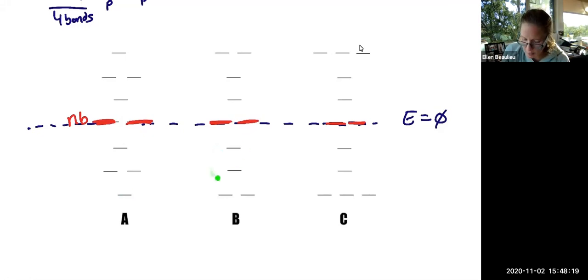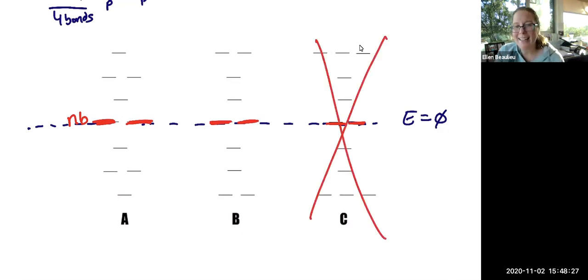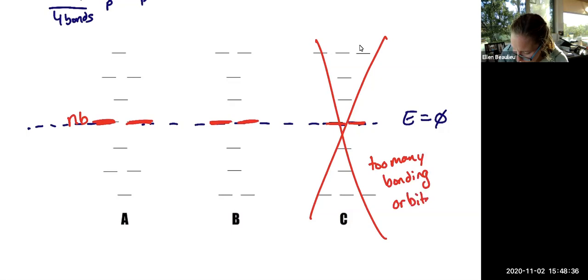For diagram B, I have 4 bonding interactions. For diagram C, I have 5 bonding interactions. So I can eliminate diagram C. There are too many bonding orbitals. Well, that leaves me diagrams A and B.